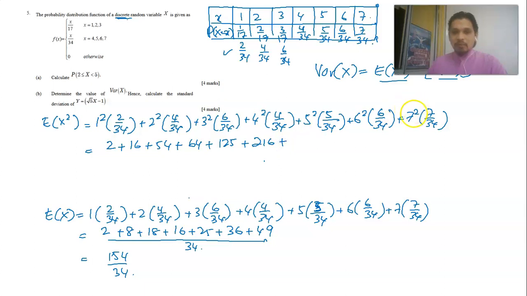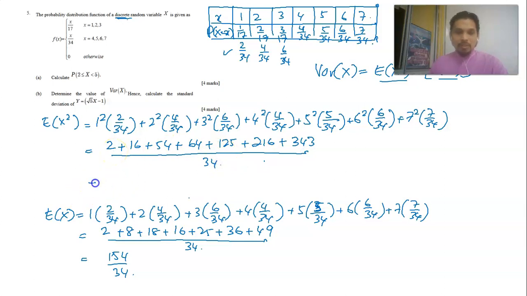And 7 squared 49 times 7, 343, and everything divided by 34.